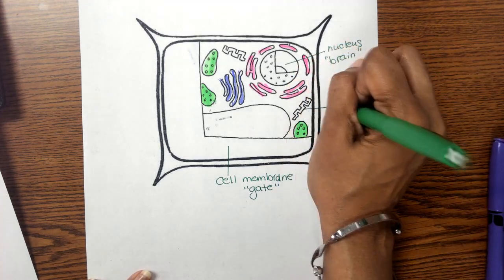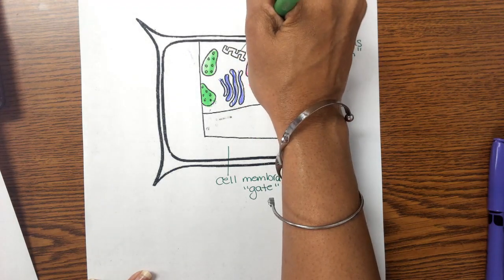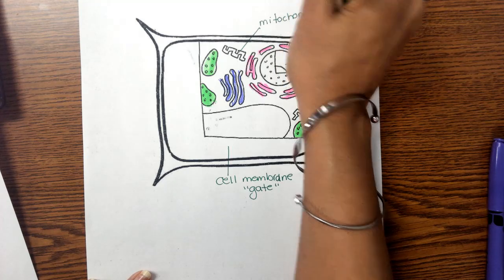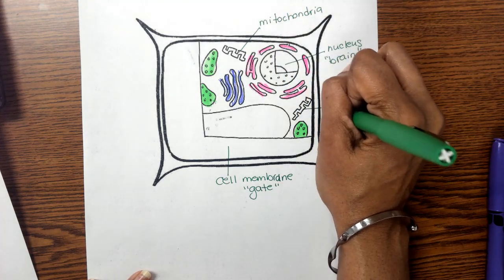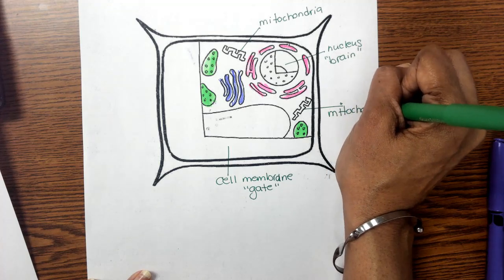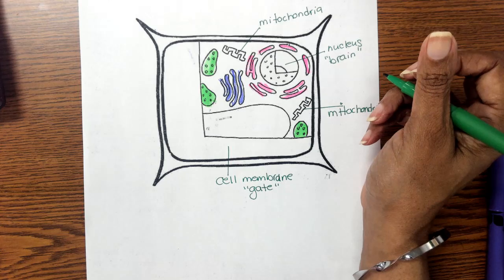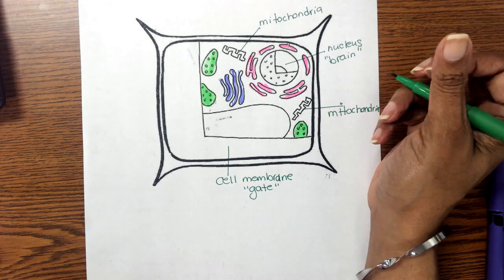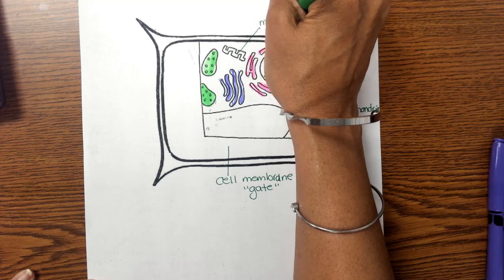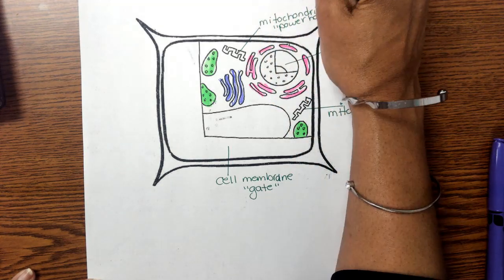Right here, these little zigzag things are mitochondria. Okay, and your mitochondria are the powerhouse of the cell. So we said powerhouse or power plant.